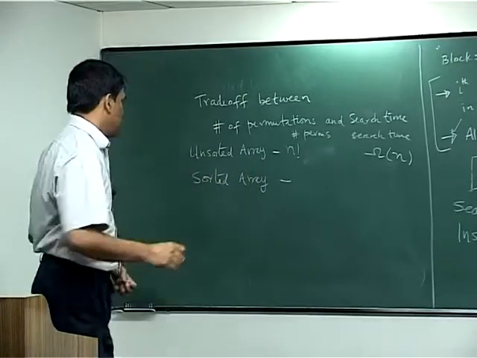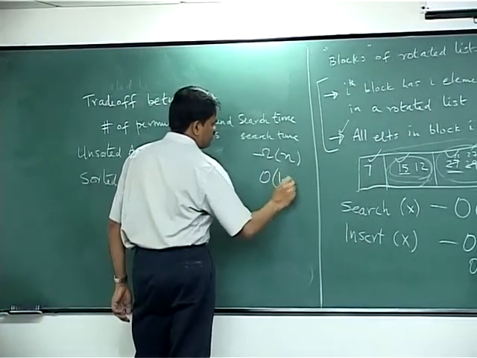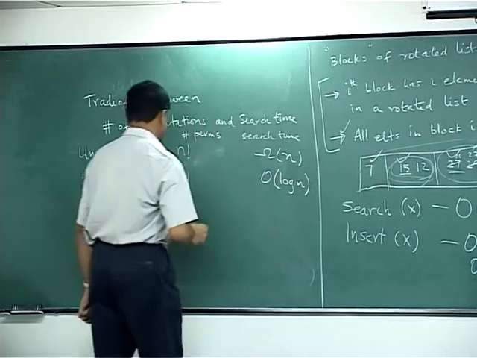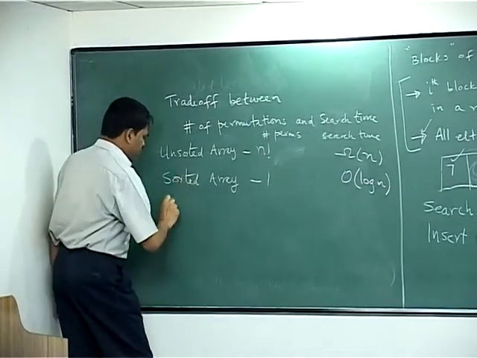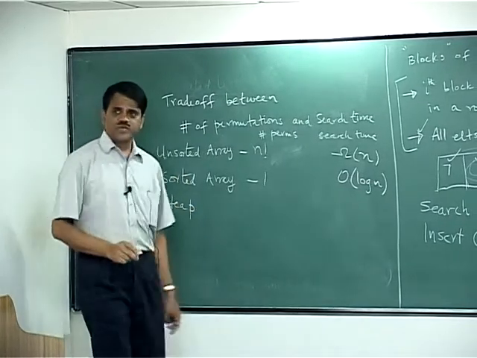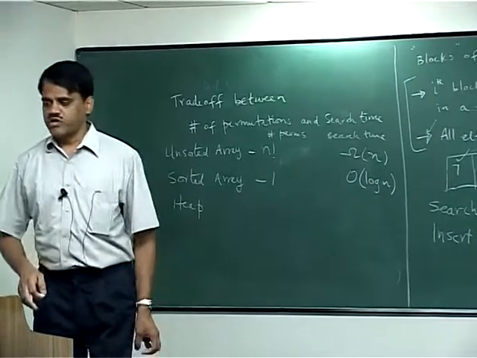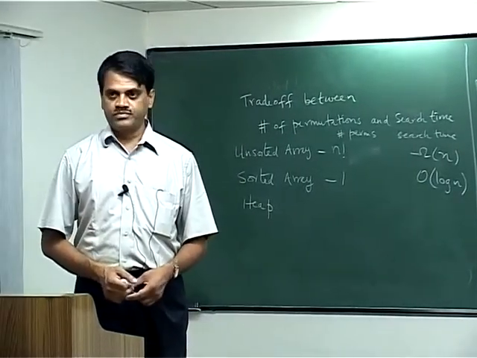Only one permutation, and you can search in logarithmic time. What I would like you to check is how many permutations are allowed by an input if the array is in heap form.